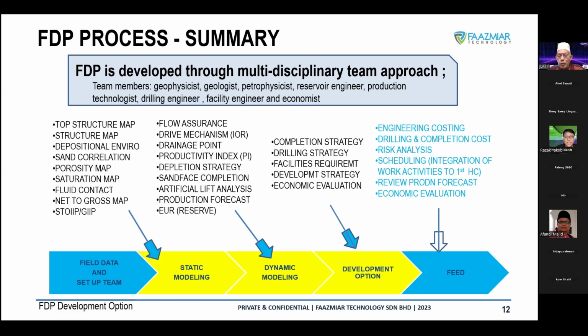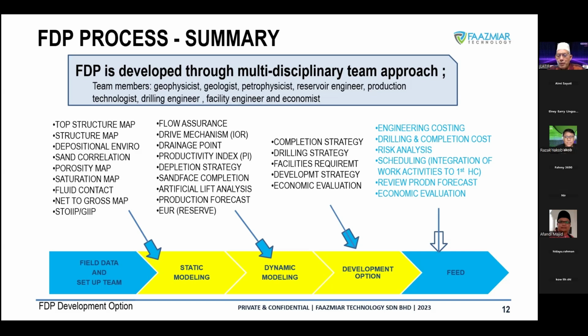At the same time, you link it to the total field: if the total field has a reserve of 200 million barrels, are you going to achieve that recovery of 200 million barrels based on your forecast, your observation, your monitoring, and so on? So it's part of reservoir management later on.